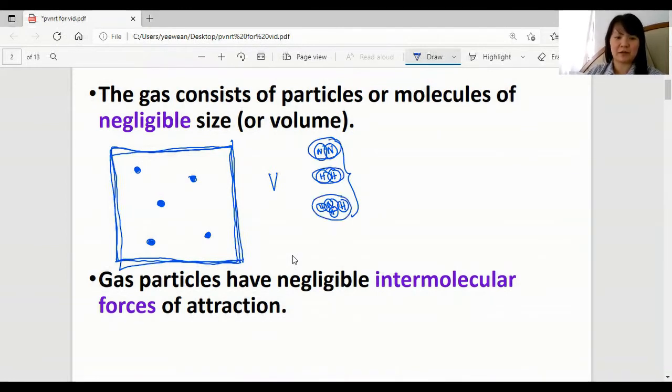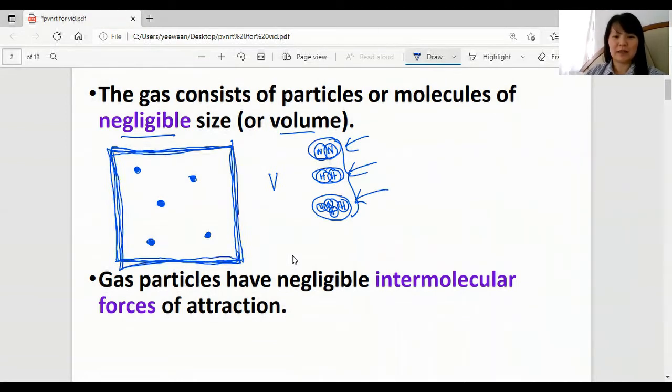But in an ideal world, we treat them as if they all have the same, negligible size, almost no volume. So if I have a mole of N2 or a mole of H2 or a mole of NH3, they will all occupy the same volume. That is in an ideal world.